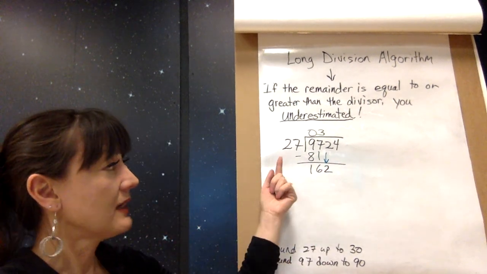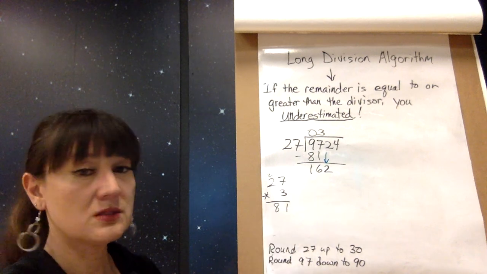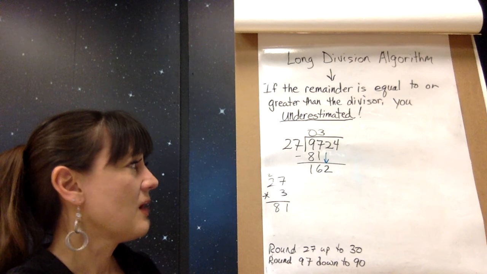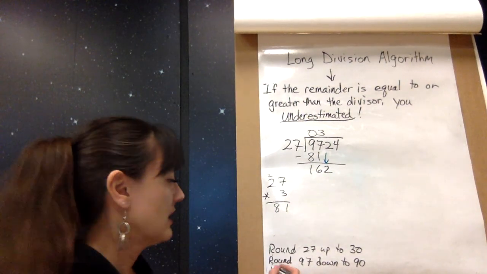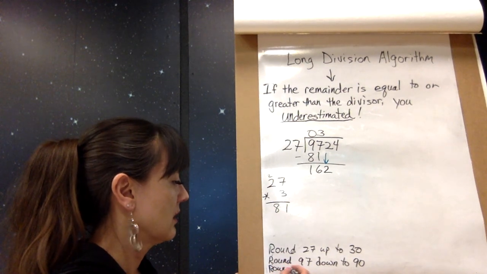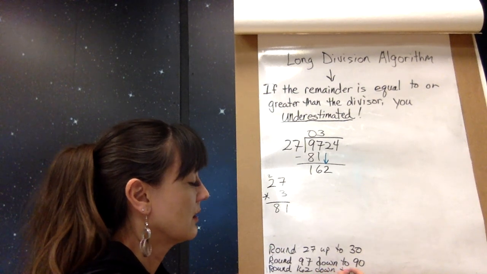And so now I need to think about 27 going into 162. So I'm looking at 162, and I'm thinking I can probably round 162 down to 150.